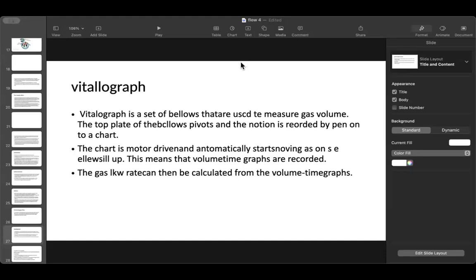The Vitalograph is a set of bellows that are used to measure gas volume. The top plate of the bellows pivots and the motion is recorded by a pin and a shaft. The shaft is motor driven and automatically starts as the patient or the examiner blows in the tube.